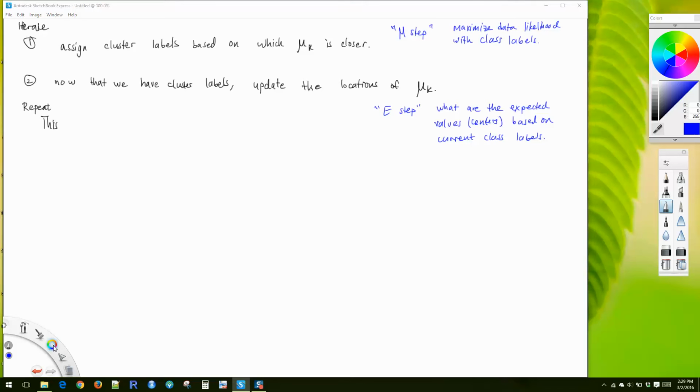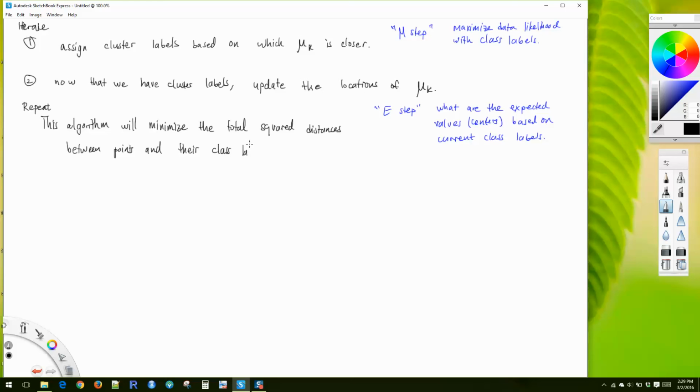All right, and so this algorithm will minimize the total squared distances between points and their, I guess, their cluster's center.